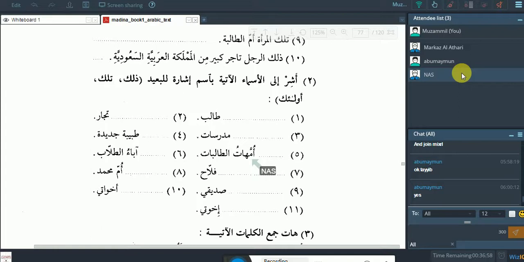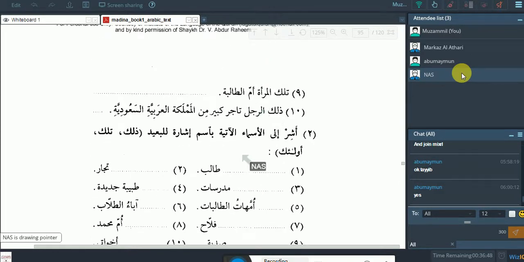Two or T? That's a good question. أمهات الطالبات. Sahih, because as you said a few minutes ago, this is mudaf, and that's mudaf ilayhi. That's right, I keep forgetting that. We read it a few lines back, and after it was آباء الطلاب. Okay, أولئك أمهات الطالبات.